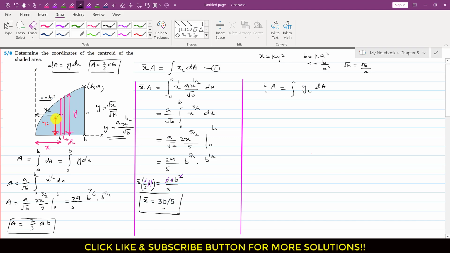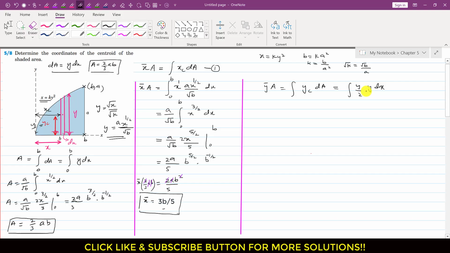So this distance is YC. As we know that the centroid is located at the geometric center of this differential element, so this YC will be equal to y divided by 2, half of the height of this differential element. So we can say that this will be y divided by 2 and dA is again y dx, right?